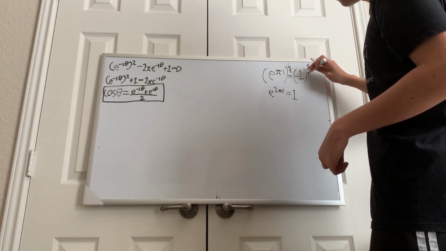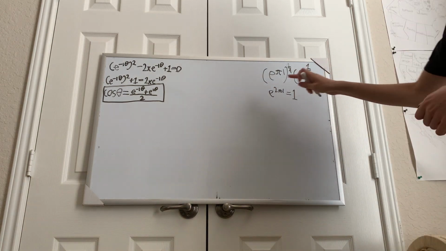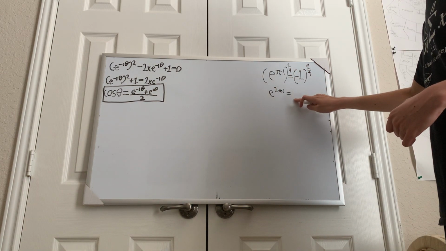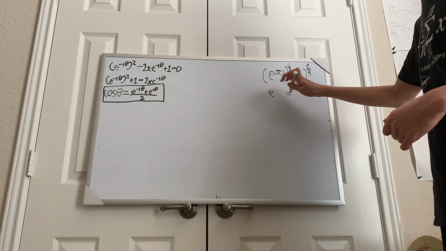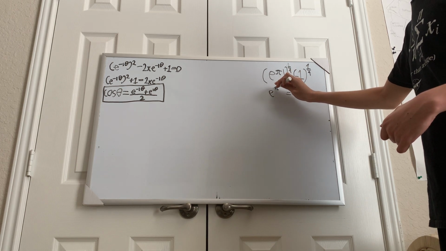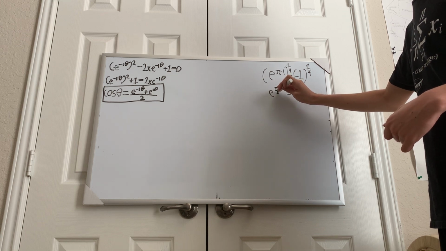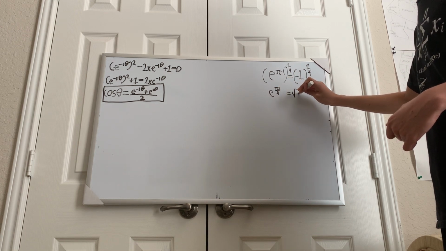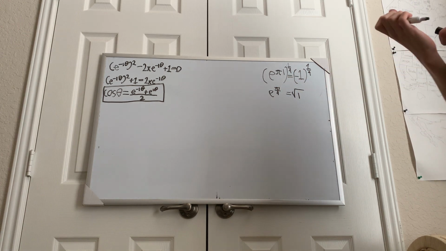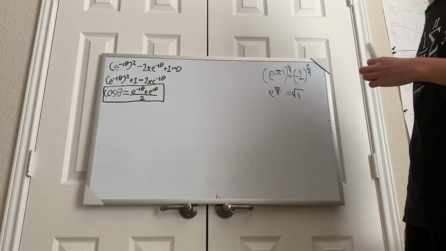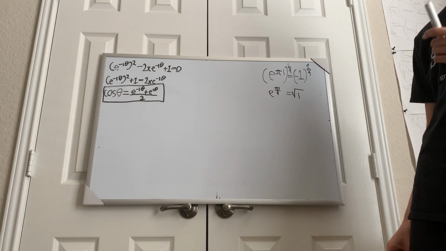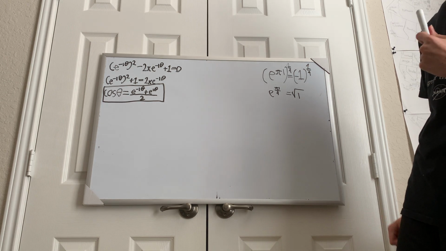Then we get that e to the pi i over 4 is equal to square root of i. But square root of i doesn't have a known value. So we're going to need to come up with a more useful form of this equation.